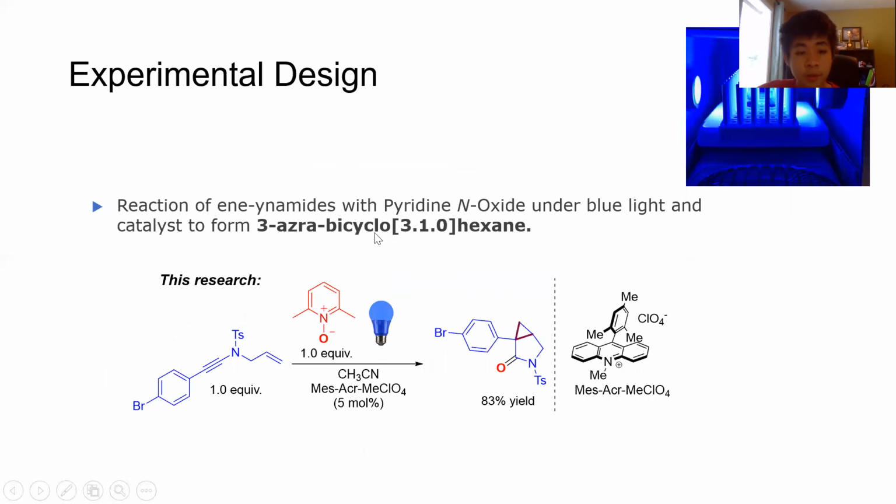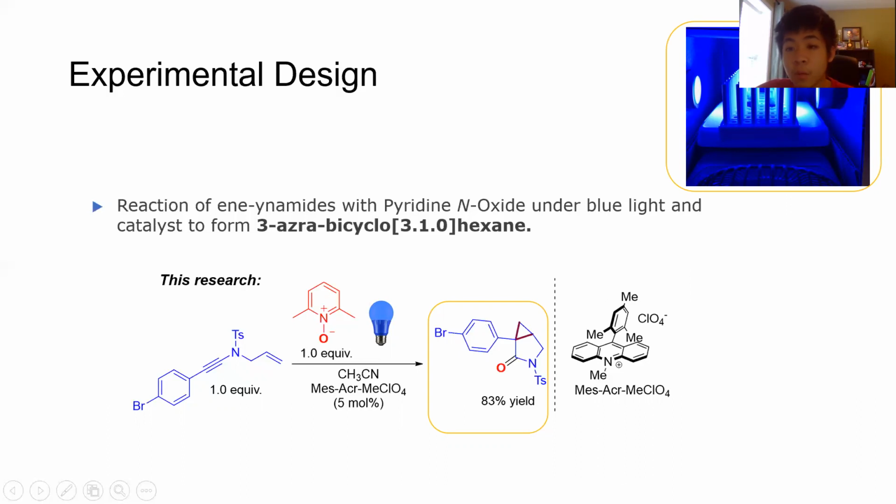So our experimental design, we start out with the alkyne, which is this compound that we synthesized. And then we use pyridine N-oxide and a photocatalyst to help absorb the light energy. And then we synthesize our bicyclic compound. As you can see up in the top right corner, this is our reaction.